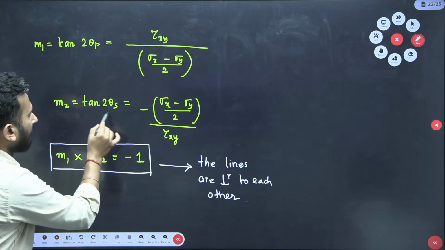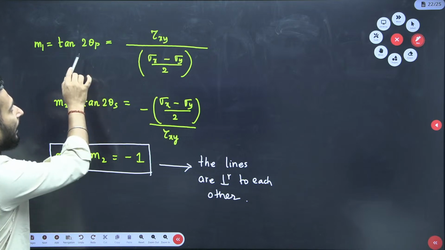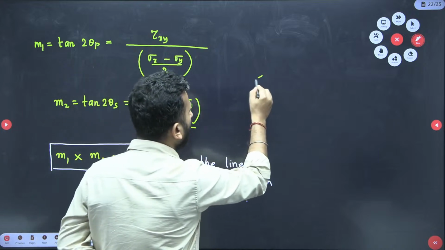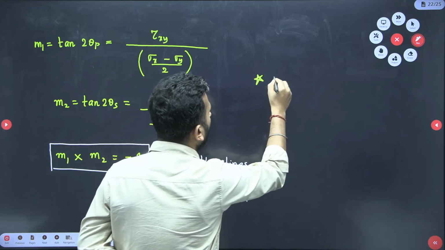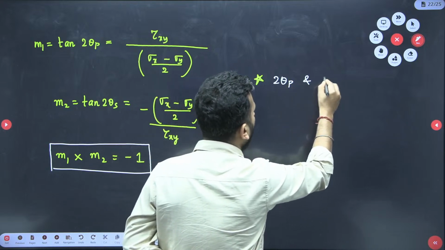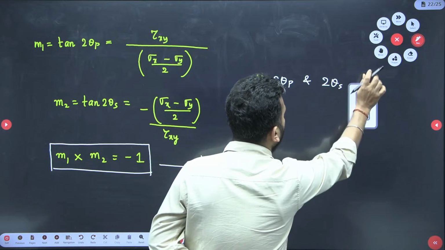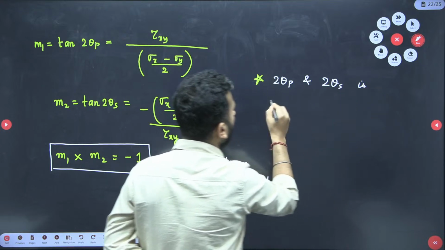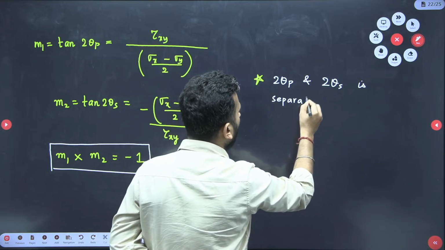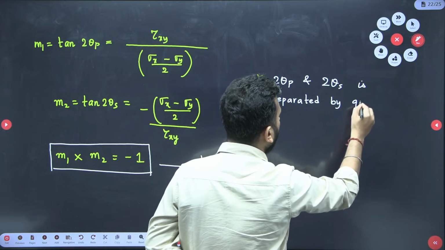Here it is all related to the angles 2 theta s and 2 theta p. So what I can conclude is that 2 theta p and 2 theta s are separated by 90 degree.